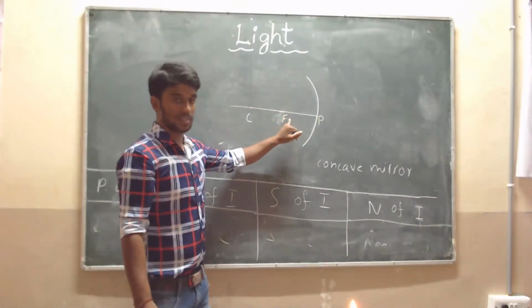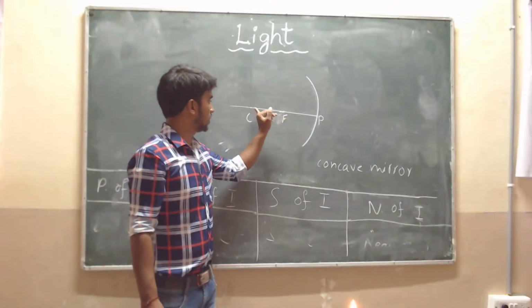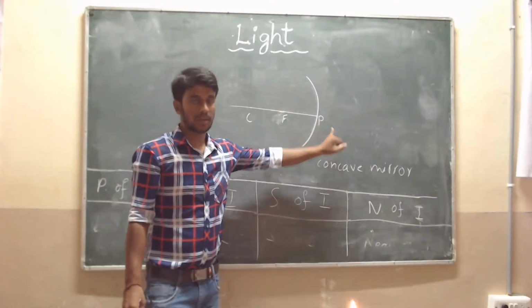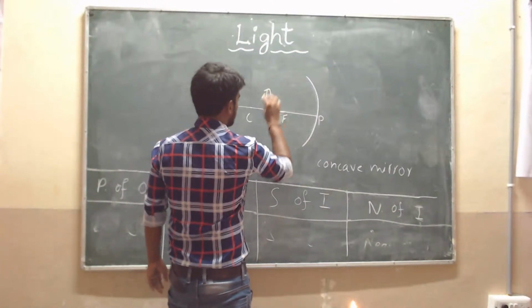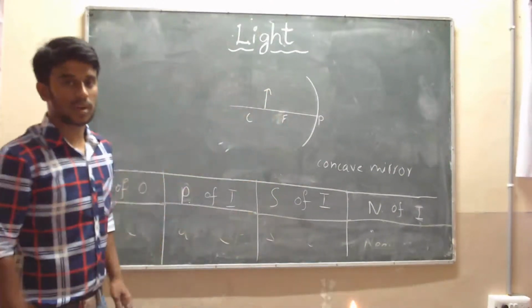Because the principal focus is the midpoint between C and P. So now I will keep the object between C and F, that is, center of curvature and principal focus.